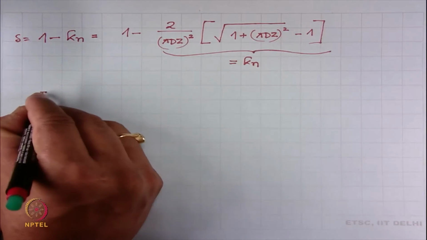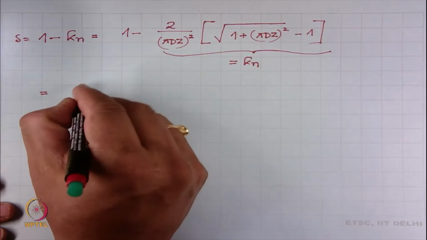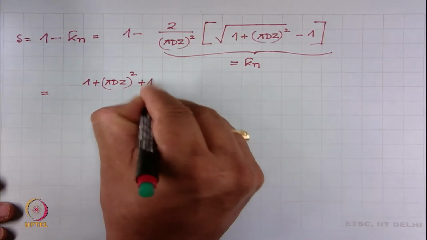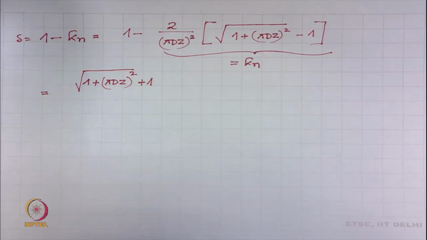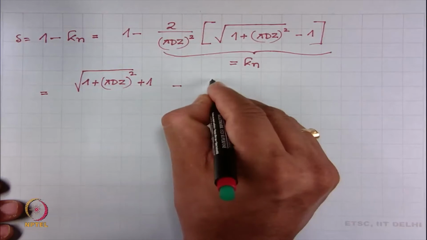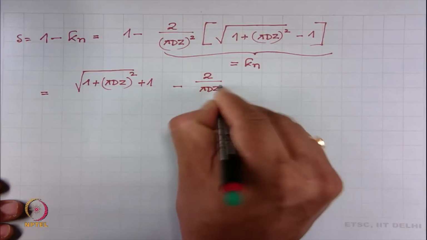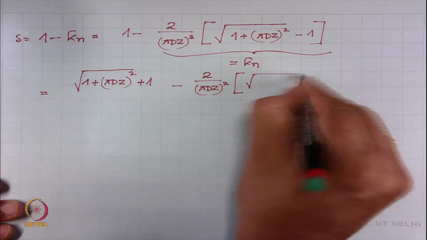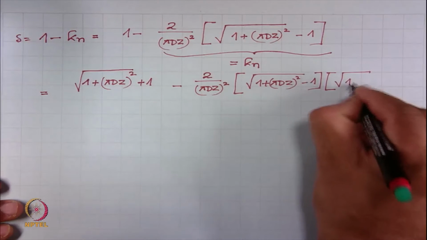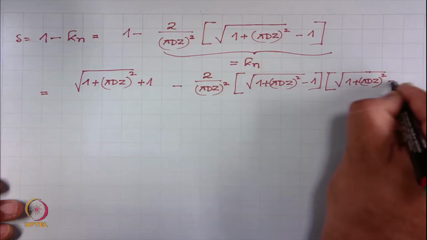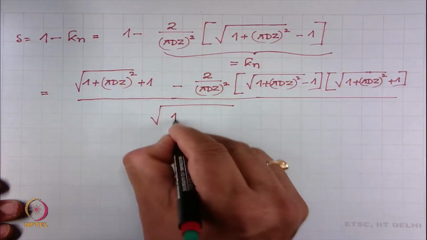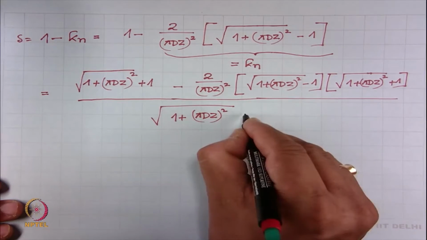Let us see. One plus pi d z square plus 1, right, minus 2 by pi d z squared into 1 plus pi d z square minus 1 into 1 plus pi d z square plus 1 divided by 1 plus pi d z square plus 1.